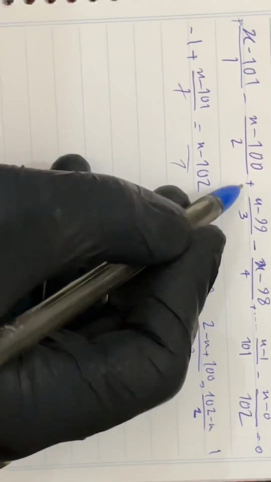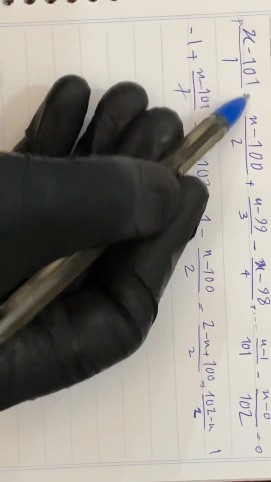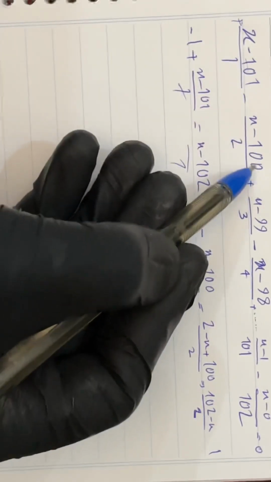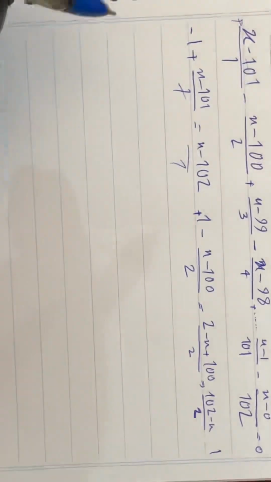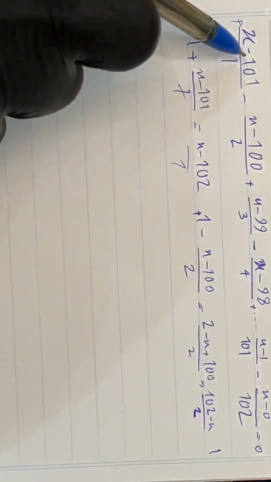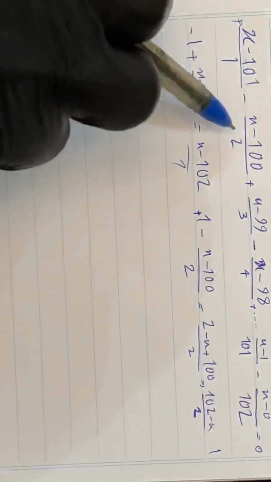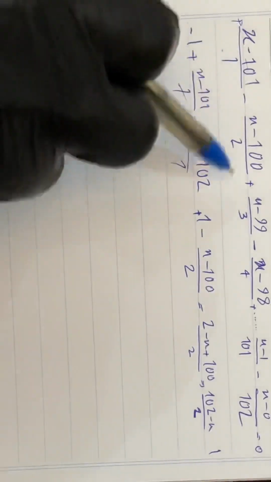If you do so for each of these, because it's an arithmetic sequence, the numerator is subtracted by 1 and the denominator is added by 1.